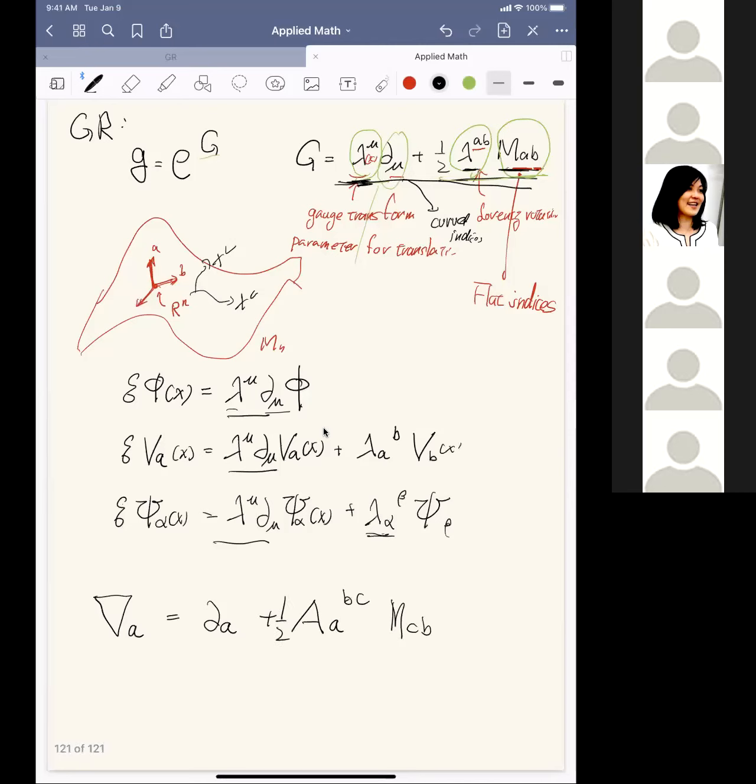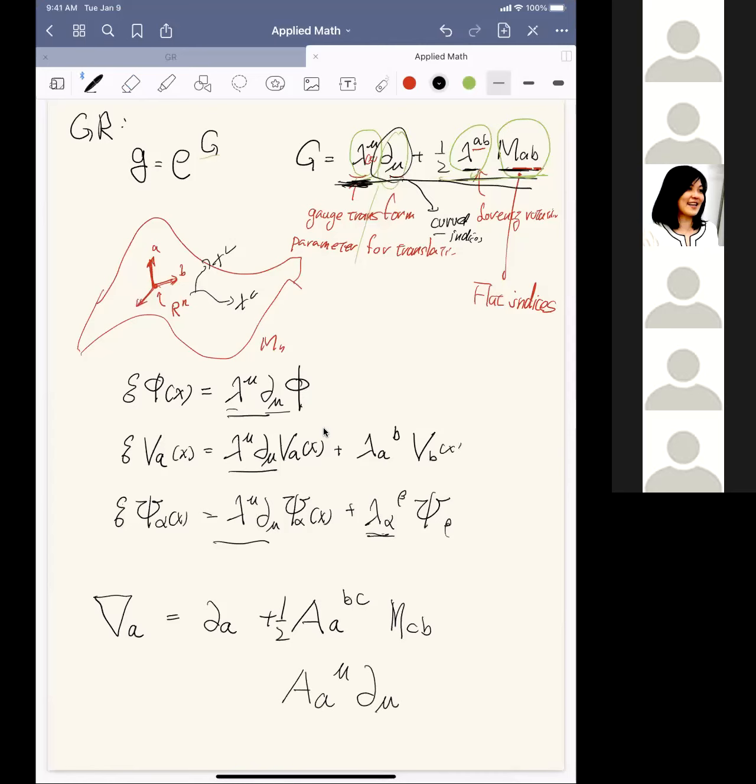But I also need, because I'm also making the translation in x in my coordinate system local, another term, which I'll call A, which carries the index A, mu, and then partial mu.